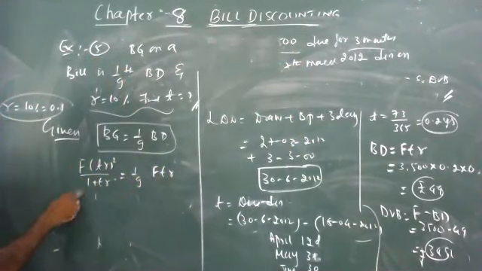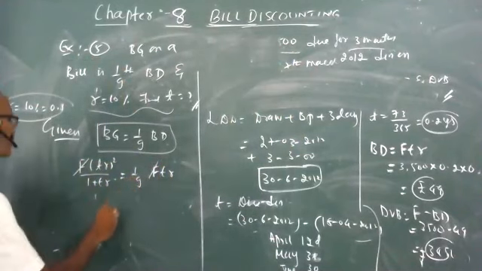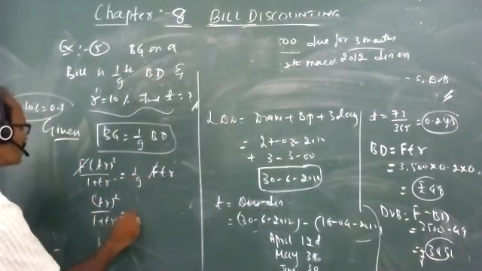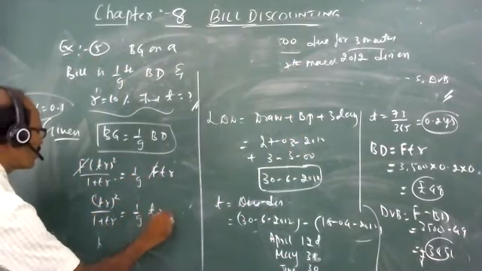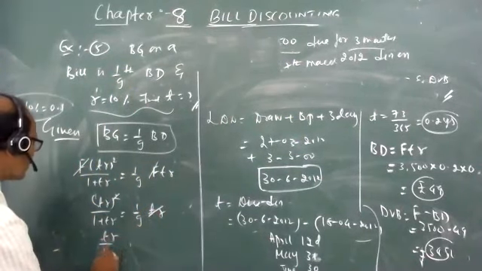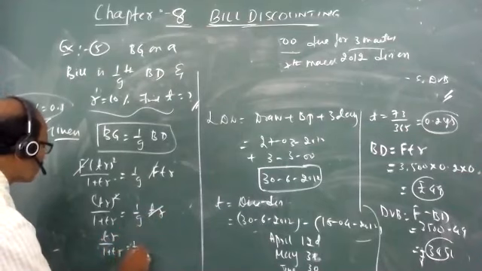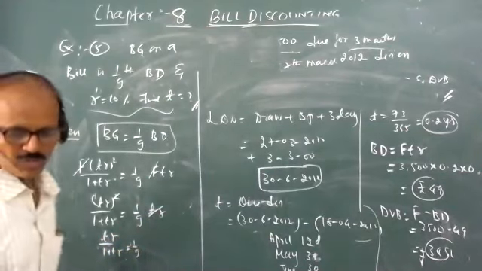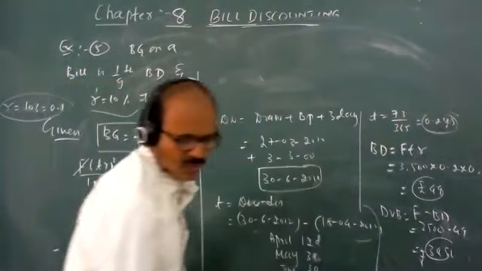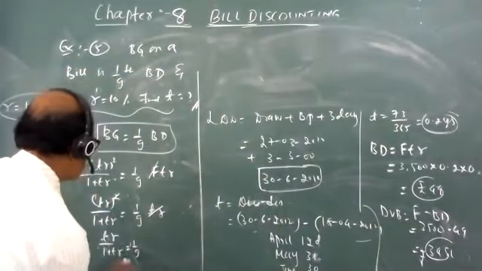Cancel F on both sides. Now TR whole square by 1 plus TR is equal to 1/9 of TR. Again cancel TR, so TR by 1 plus TR is equal to 1/9. Now go for cross multiplication.